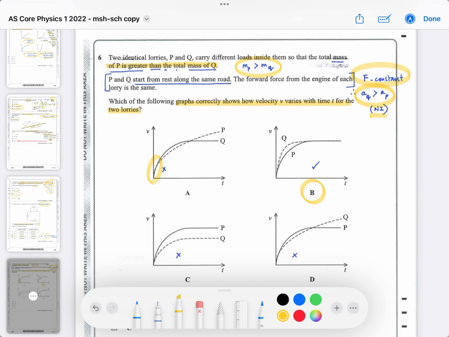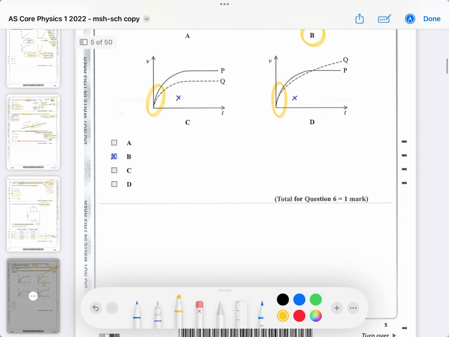In C, P is greater, so that's incorrect. And over here they're the same, so the only one which has a steeper line is B.